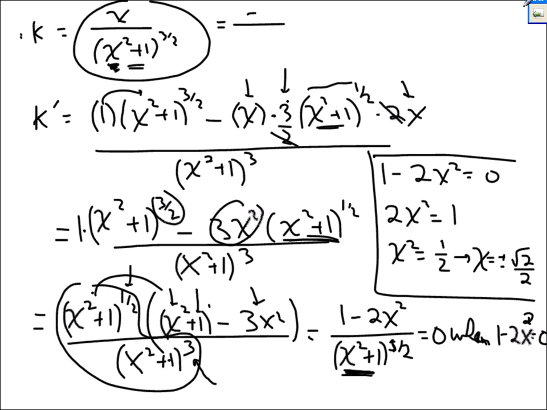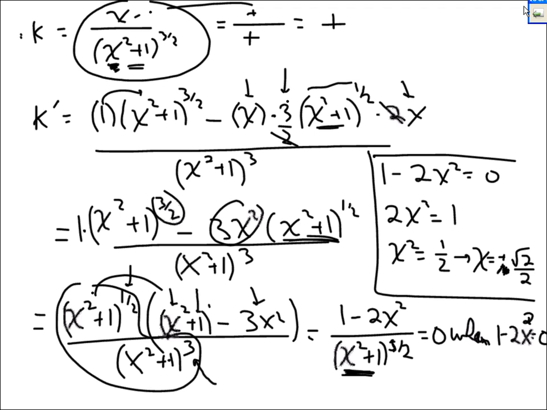When you raise it to the 3/2 power, it's positive. It's going to be negative if x is negative. But if x were positive, you get a positive answer. That is why I'm going to reject the negative square root of 2 over 2. I claim that we have a max at square root of 2 over 2.